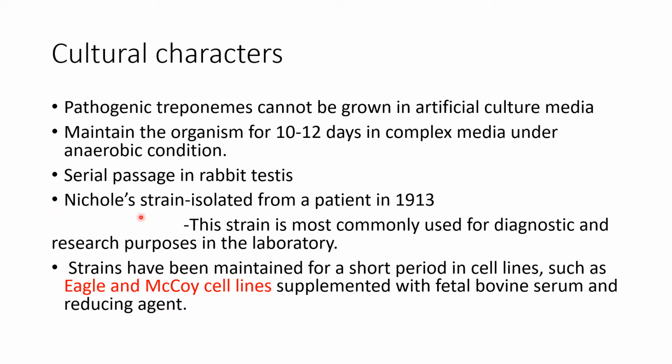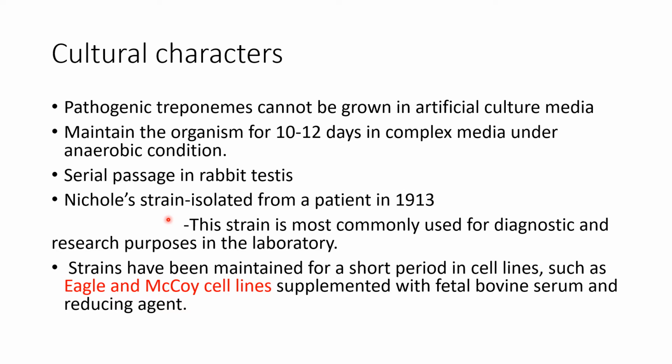Nichols strain is one strain of Treponema pallidum which was isolated from a patient in 1913. This is a pathogenic treponeme, and this has been maintained in rabbit testis by serially passaging it. And why am I talking about this particular strain?